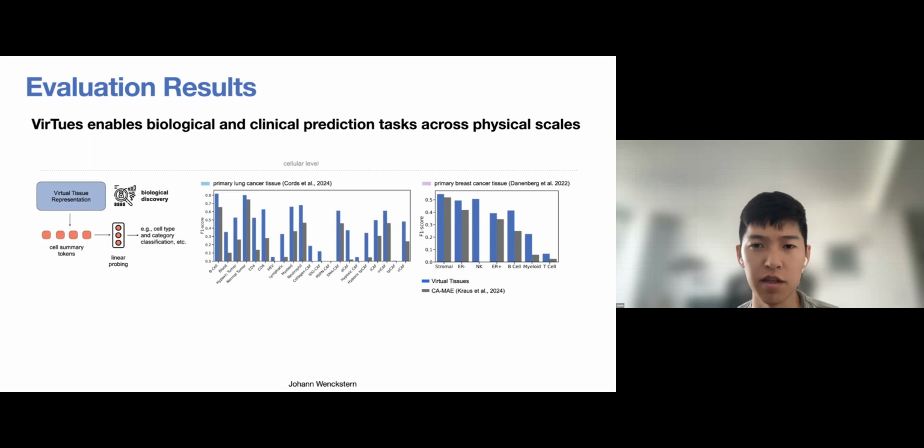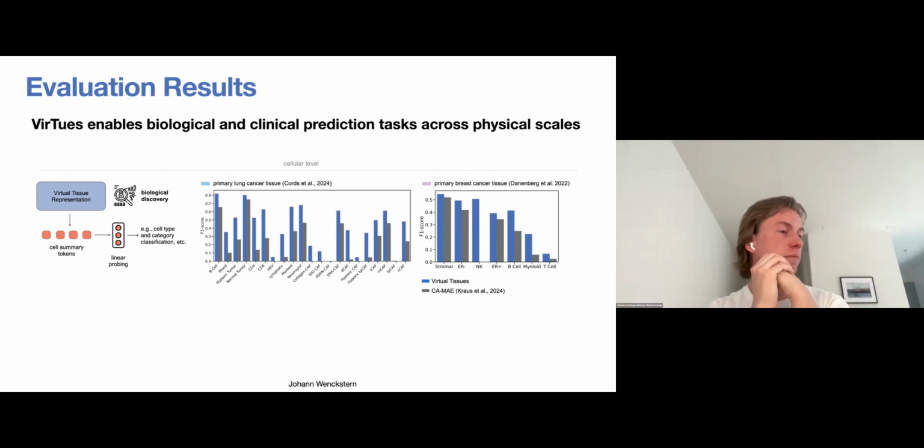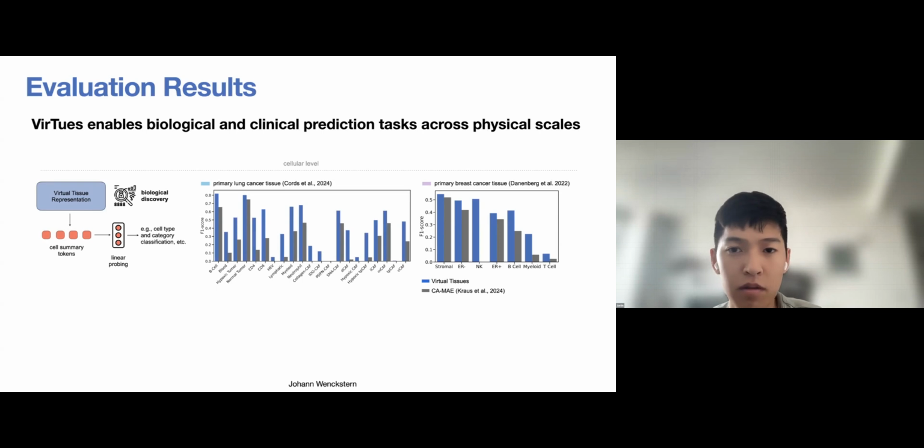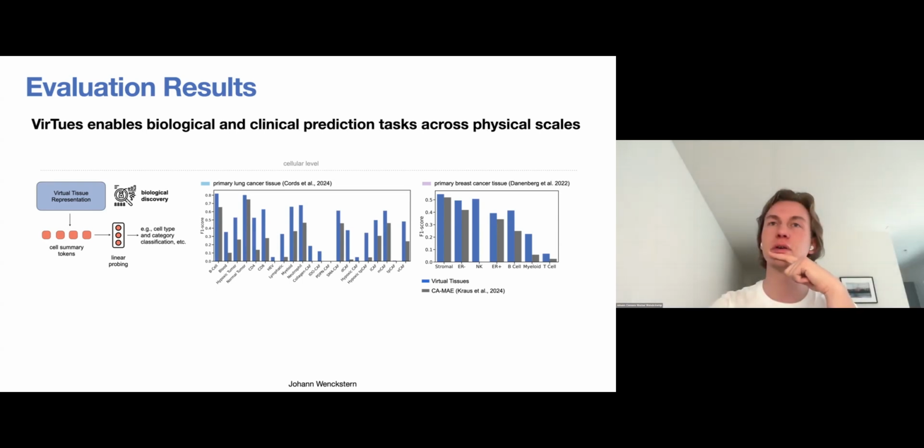Did you find that the mispredictions ended up being in similar CAF types, or where the prediction is kind of completely off? Yes, I looked at the confusion matrices. I'm not sure if I looked at this data set at this granularity, but in general, the mistakes seem biologically somewhat plausible.